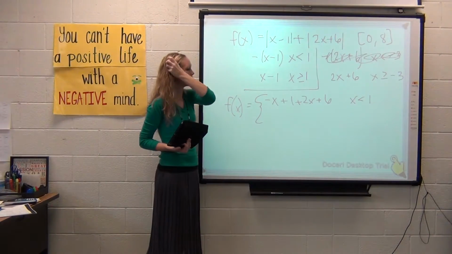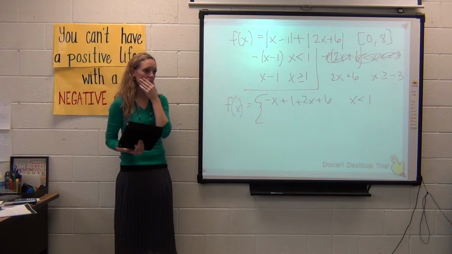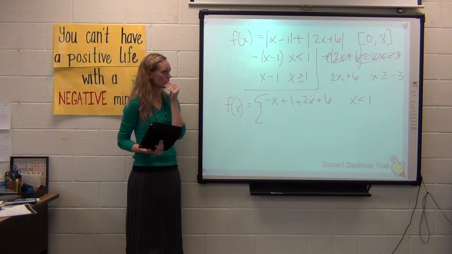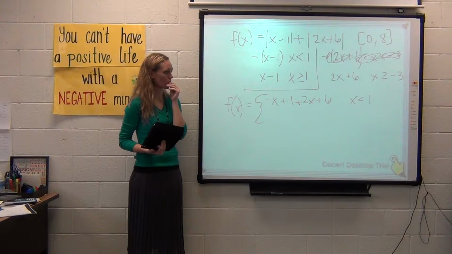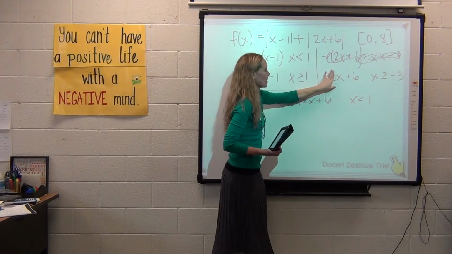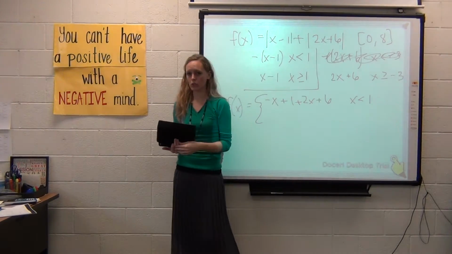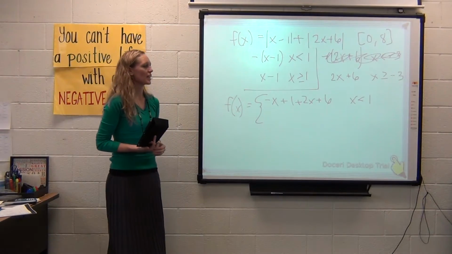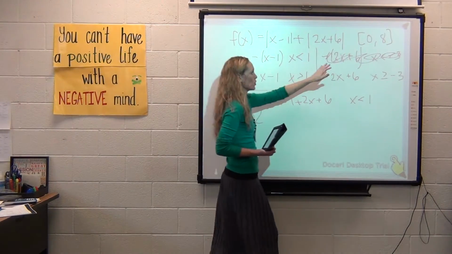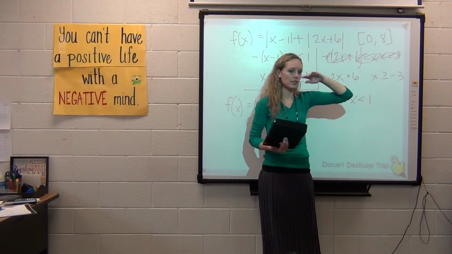There's different possibilities on different intervals. So it's going to be this plus this as long as x is greater than 1. So from 0 to 1 is what I'm looking at. I'm never going to use the other piece because I'm only on the interval 0 to 8, and 0 to 8 is never going to be less than -3.